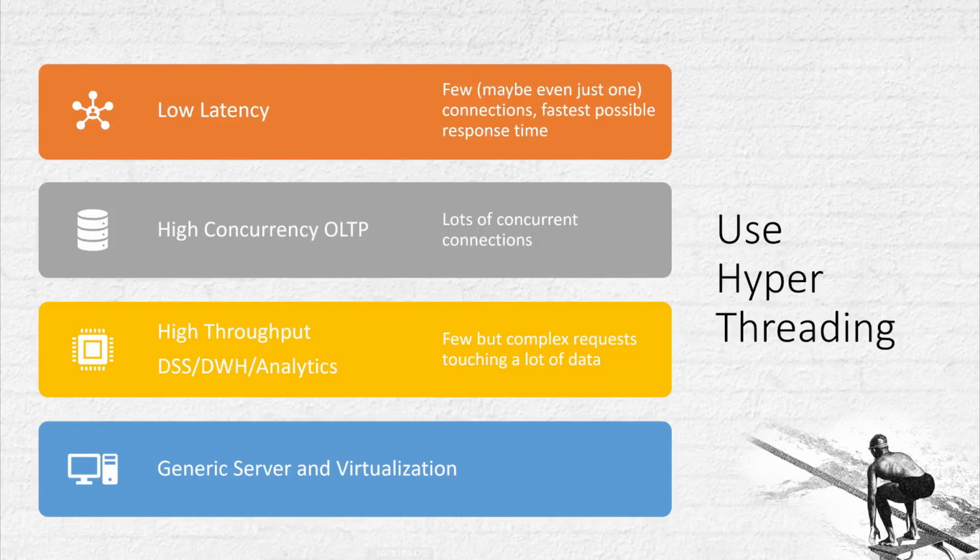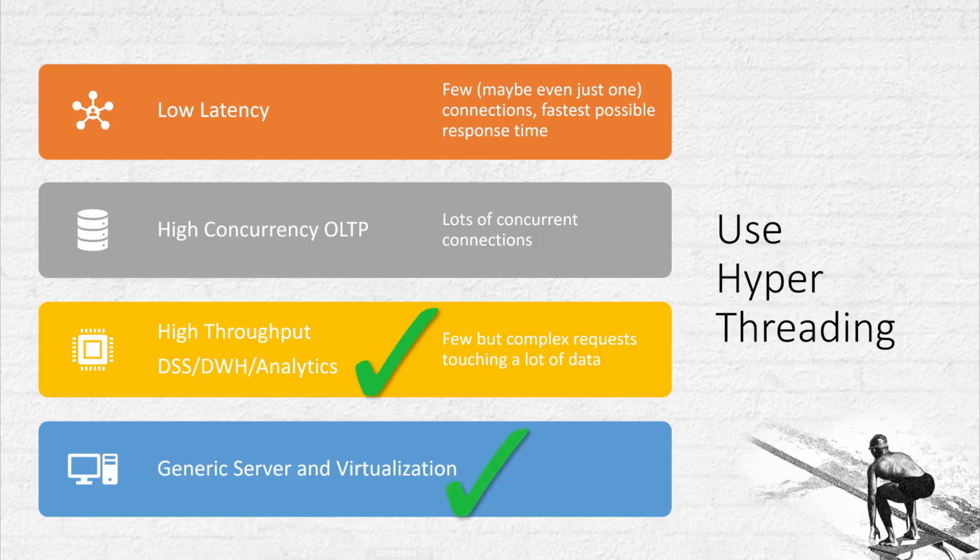So when to use hyperthreading? Low latency, definitely not. High concurrency or OLTP, when you have lots of things running at the same time, I would not use it unless you have so many concurrent threads that you would run out of threads to operate on. Then you might want to turn it on. Where it's really good and helps your overall performance is in any kind of data warehouse.